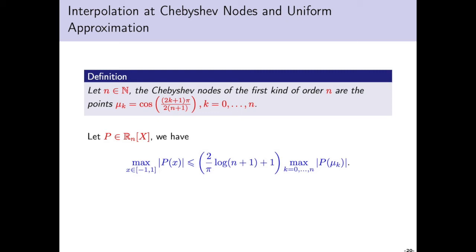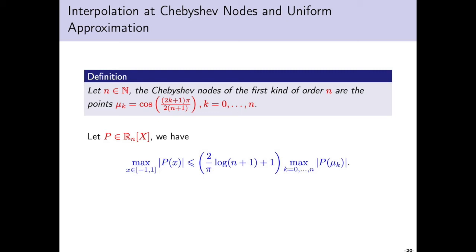Is there any intuition why you get a log n? The log n is related to this: you write your polynomial in the Lagrange basis, and in that case you can show that the Lagrange basis, defined thanks to a Chebyshev polynomial, is bounded.